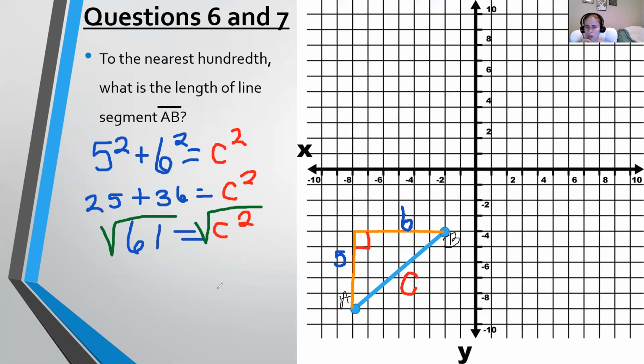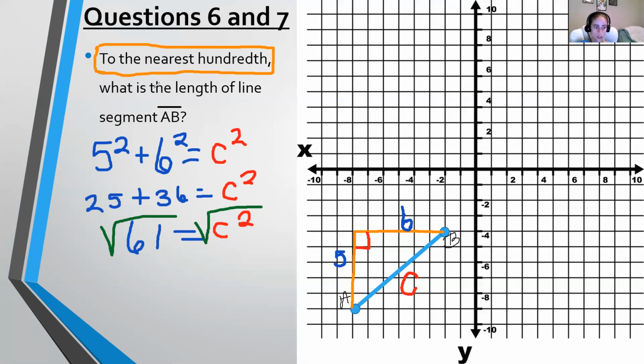Is 61 a perfect square? No, because 7 times 7 is 49, and then 8 times 8 is 64. That means we are going to have to use a calculator, and we're going to receive a decimal answer. But that's a-okay, because if we pop back up and look at our directions, it tells us to round to the nearest hundredth. So that means it was a possibility to get a non-perfect square.